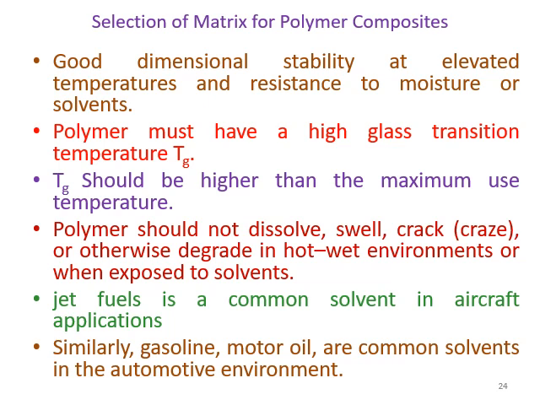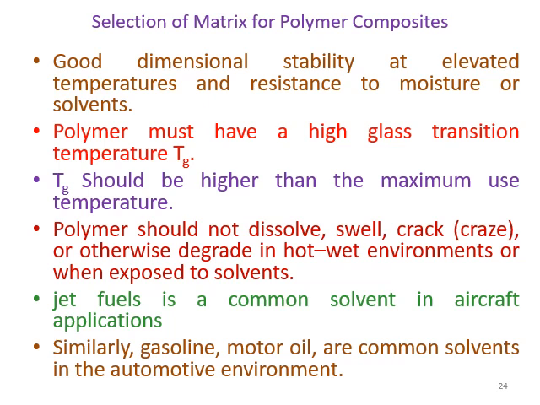The polymer should not dissolve, swell or crack in the application where the composite is being used. Like if a certain composite is being used in jet applications, right? Jet fuels can be solvents for the polymer matrix composite.